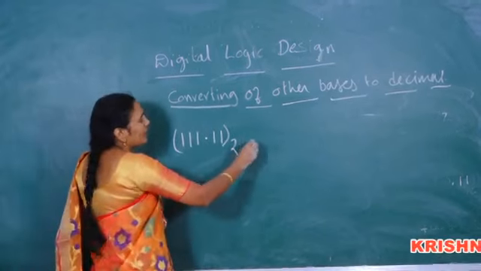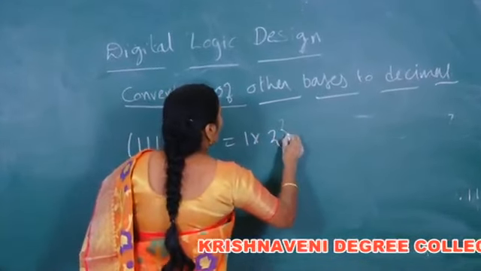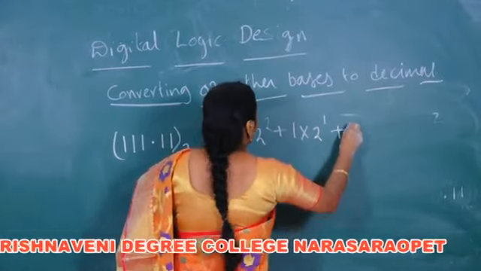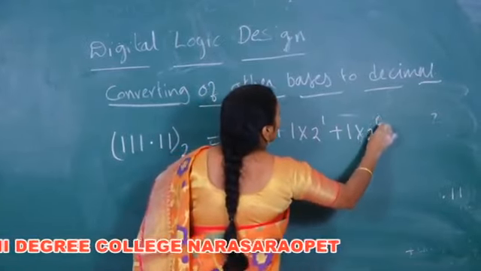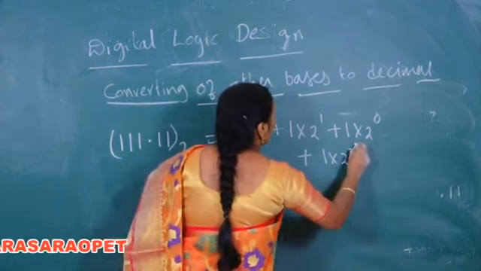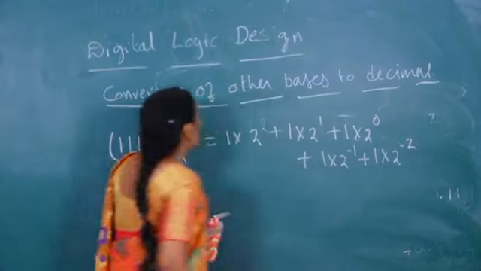So, it is 1 into 2 to the power of 2 plus 1 into 2 to the power of 1 plus 1 into 2 to the power of 0 plus 1 into 2 to the power of minus 1 plus 1 into 2 to the power of minus 2.